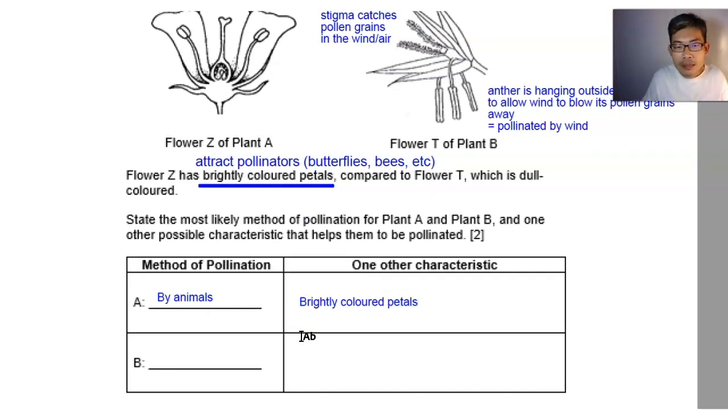It's a characteristic. Now let's read the question carefully to see if we need to explain. State the method of pollination. Okay, done. One possible characteristic that helps them to be pollinated.